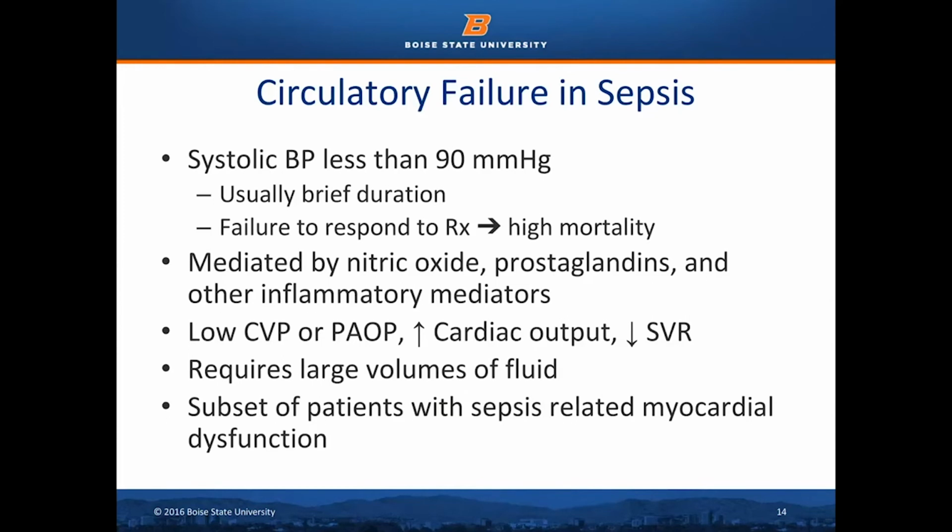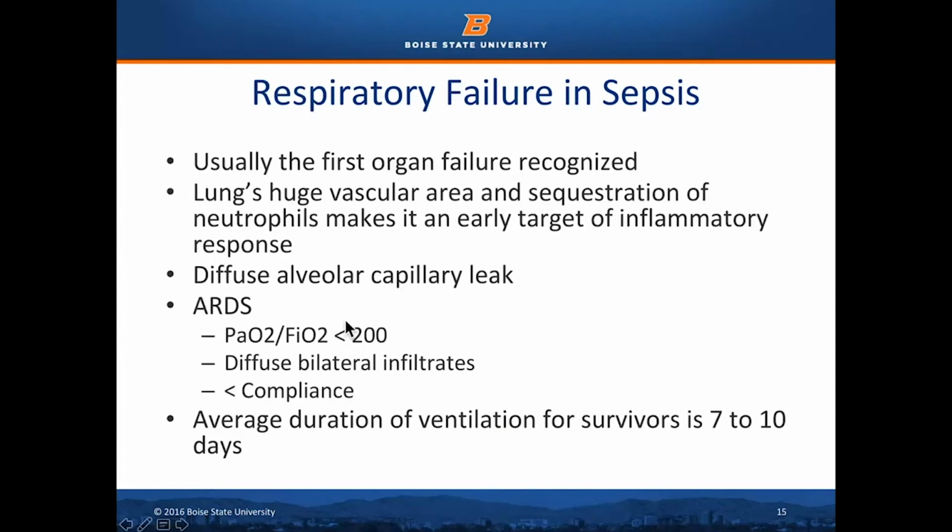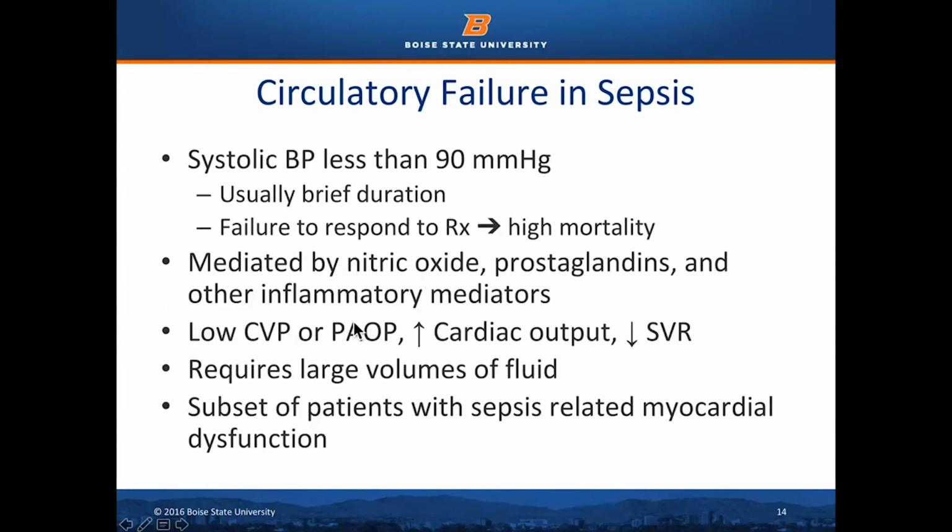This inflammatory response is mediated by a variety of factors: nitric oxide signaling, prostaglandins, interleukins, and peptides like tumor necrosis factor alpha, and it results in a syndrome with relatively low filling pressures, a high cardiac output, and a markedly decreased SVR.